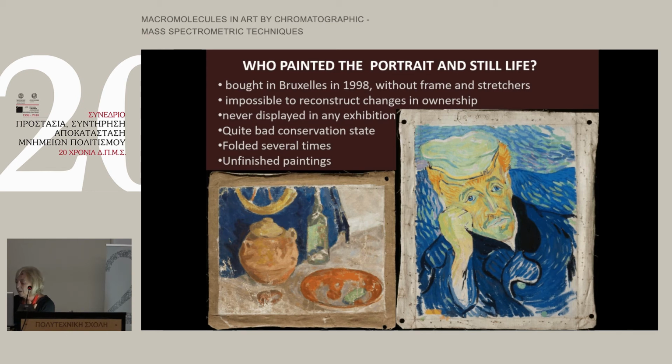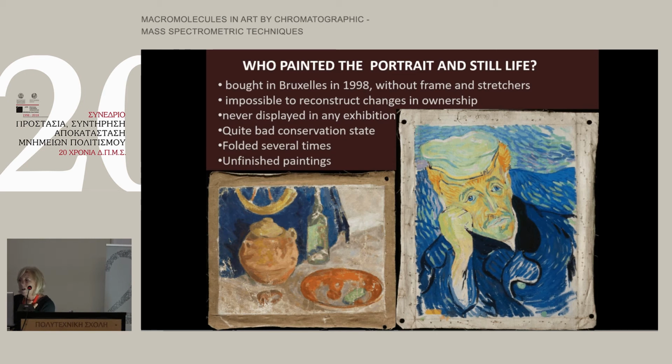And this painting has disappeared from the market, and a man, the owner of this painting, came to me and asked me to make a lot of analysis to understand if this was a sketch made by Vincent van Gogh or not.